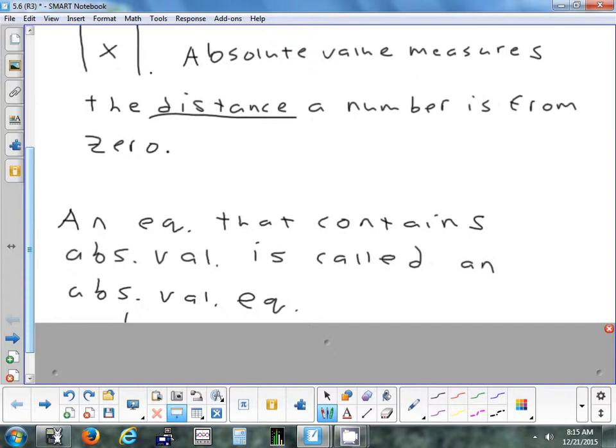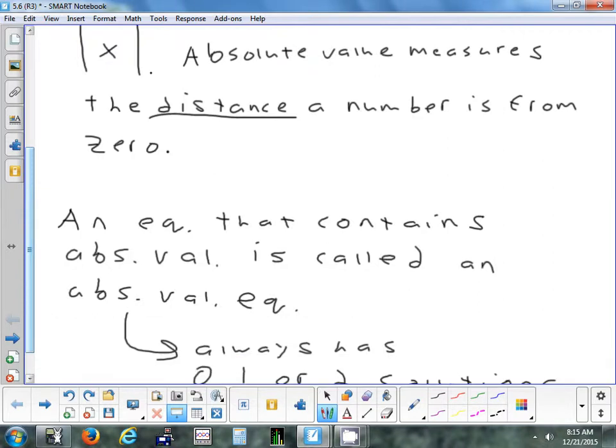Now we talked about simple 1-step, 2-step, and multi-step equations. That's what we did in the warm-up. But now we're going to talk about an equation that has absolute value bars in it. Any equation that has absolute value bars in it is called an absolute value equation. How many solutions can an absolute value equation have?